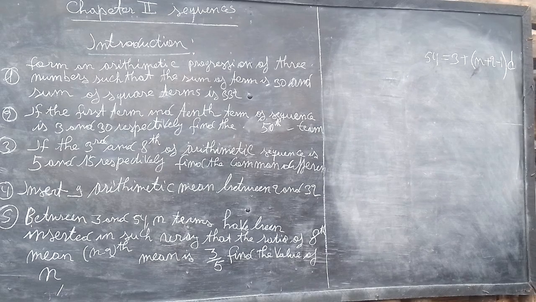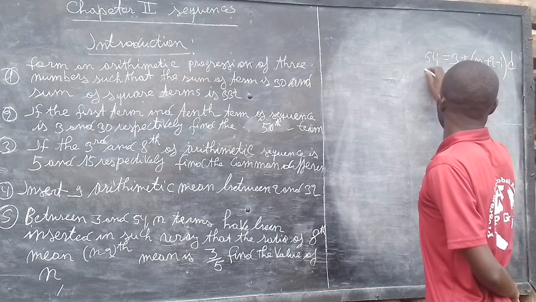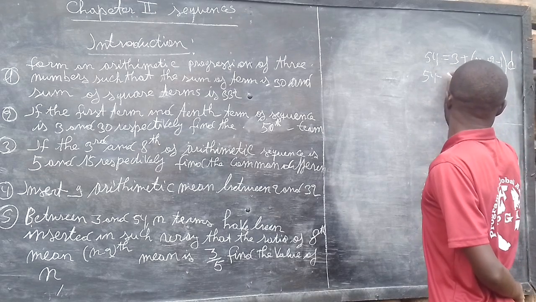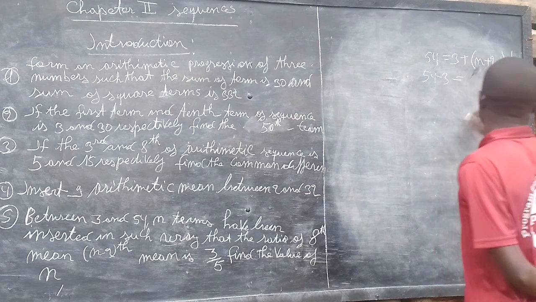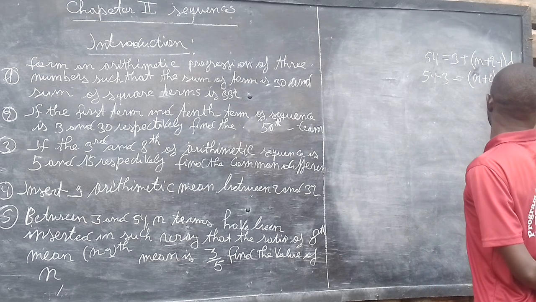So let's go. Here we have 54 minus 3, which is equal to (n plus 1) times d.